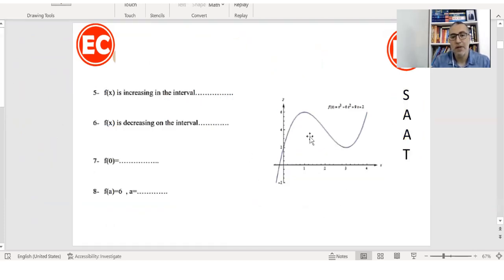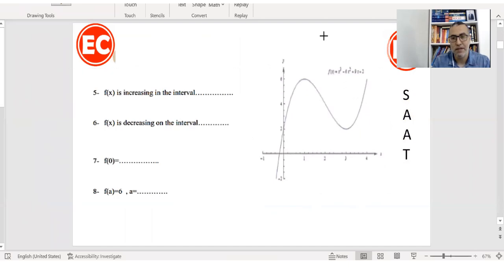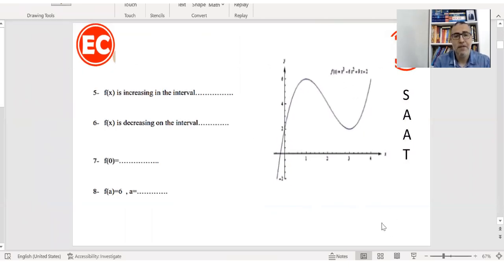By using the same graph, let me enlarge it for you, I want to find the increasing interval and the decreasing interval. You should write your answer in interval brackets. To decide what is increasing and decreasing, you come from the left of the function. So I come from here.